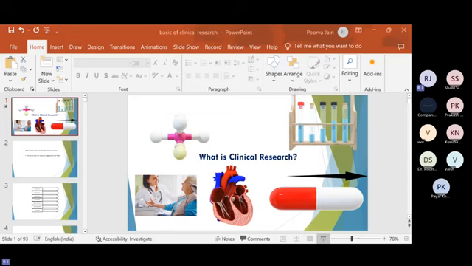Then the next one is epidemiological studies, where we try to identify the pattern of a disease. For example, recently we saw COVID. Research done to identify the pattern, how it spreads and how people get COVID infection, comes under epidemiological studies.